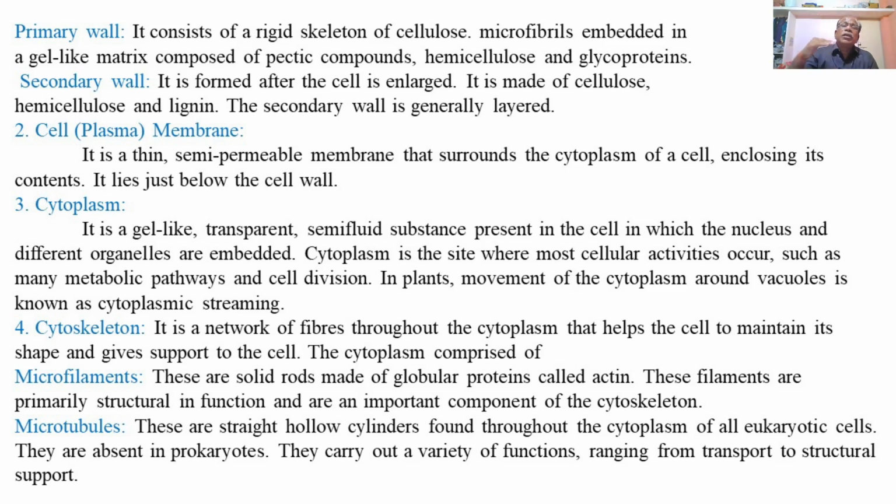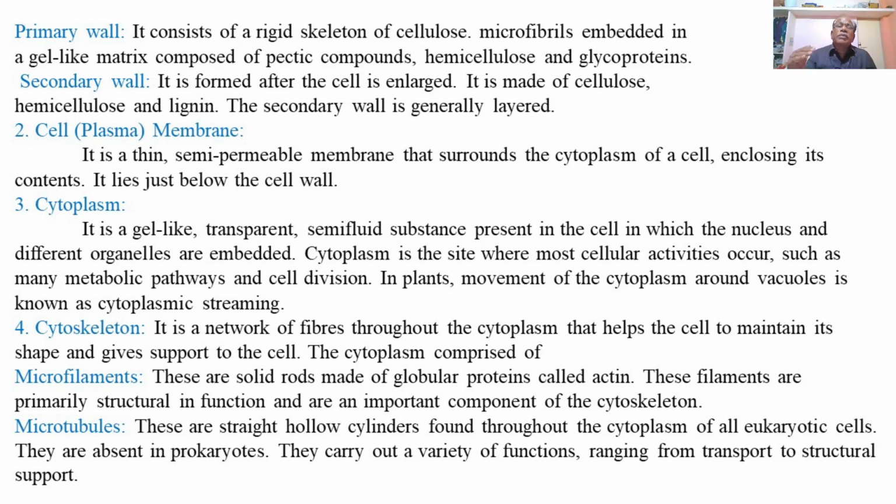Then just inner to the cell wall there is a cell membrane or plasma membrane, which is a thin semi-permeable membrane that surrounds the cytoplasm of the cell and encloses its contents. So, enclosing the cytoplasmic contents, it lies just below the cell wall.